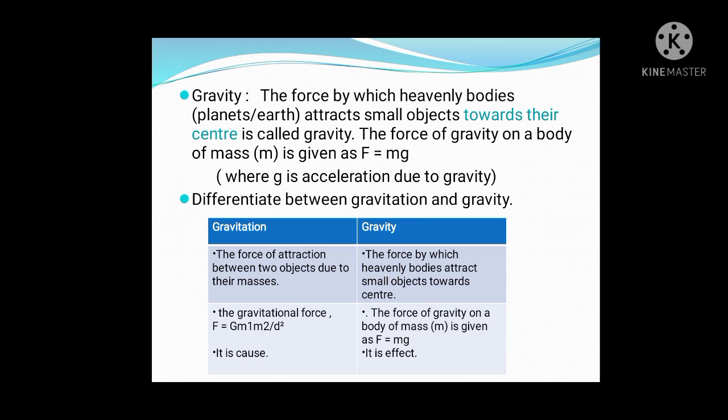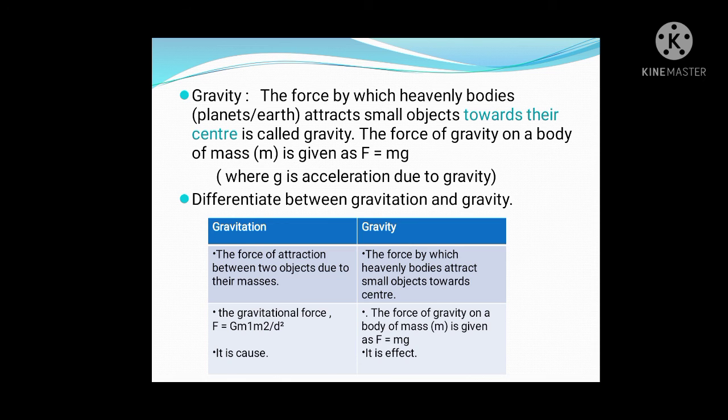We cleared it from the example that I gave you just now. So you can say that gravity is the effect of gravitational force. And since we know the distance in a gravitational force is from their center, the heavenly body or the planet will also attract objects towards their center.